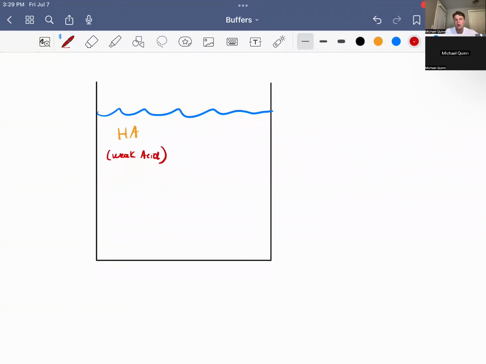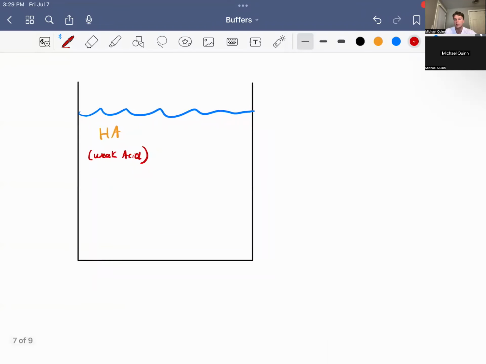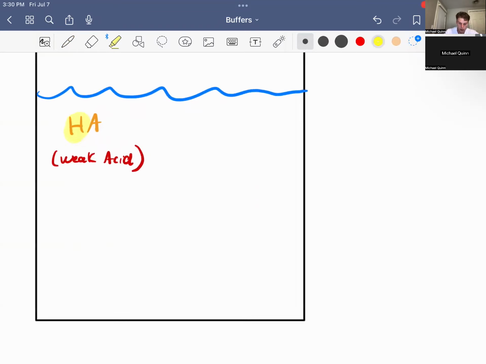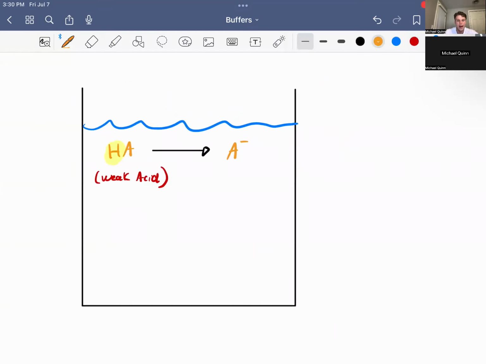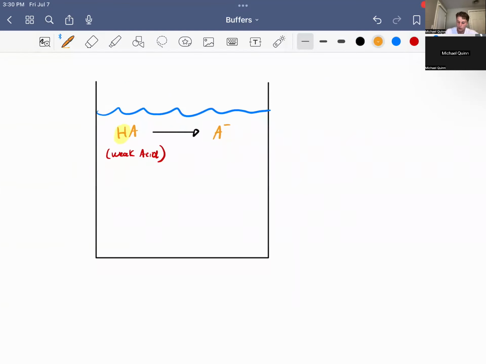We know that when we go to run this titration, we are going to add a strong base to this solution so we can remove some of this hydrogen and we can start to form some conjugate base. So we know that is the titration that is going to be run.